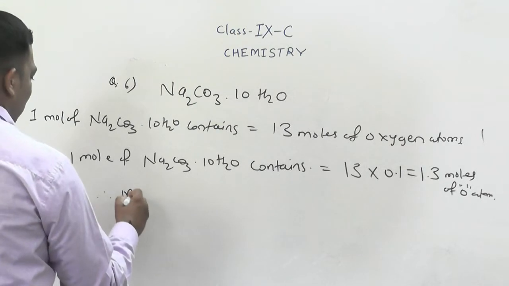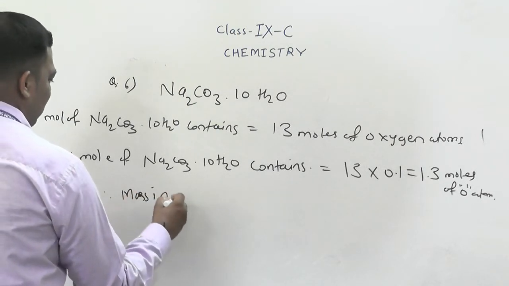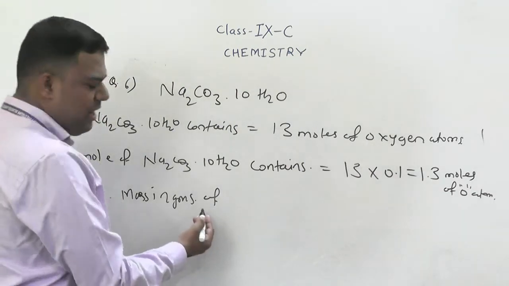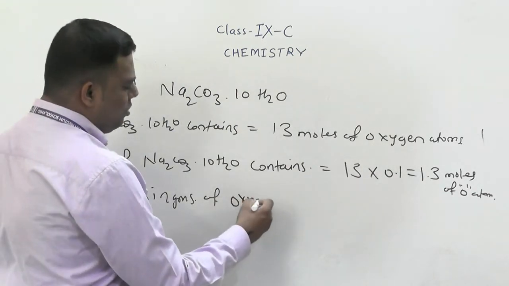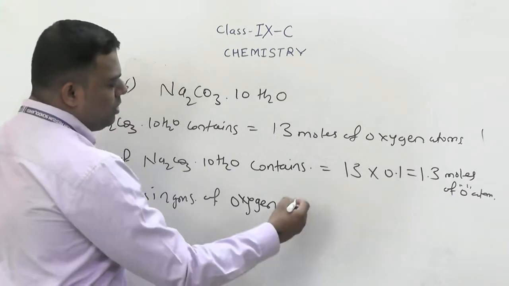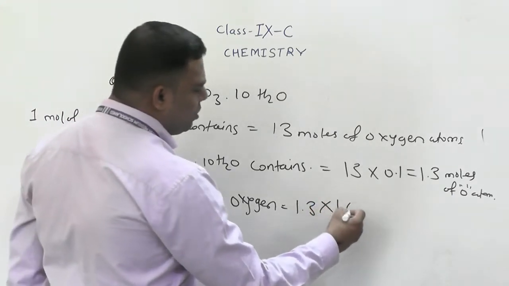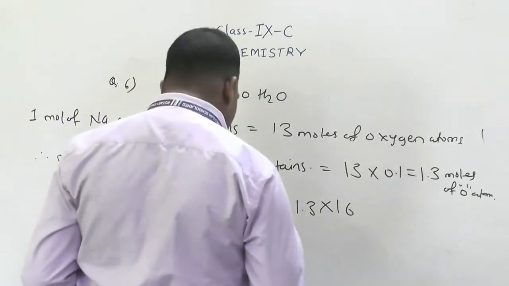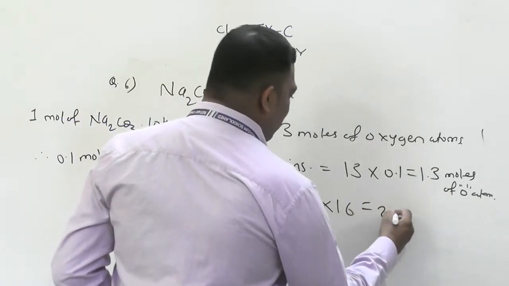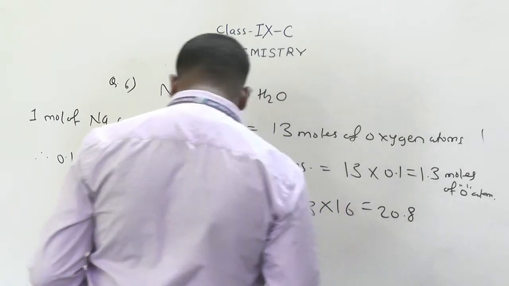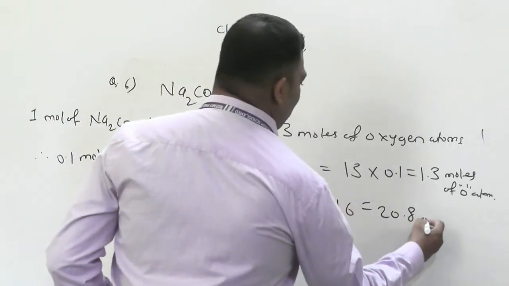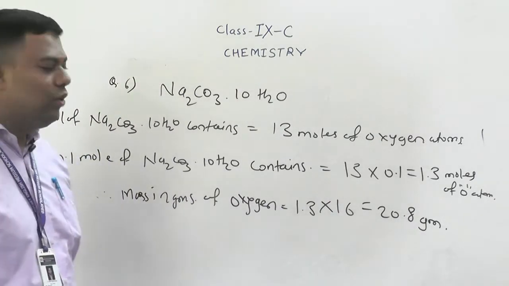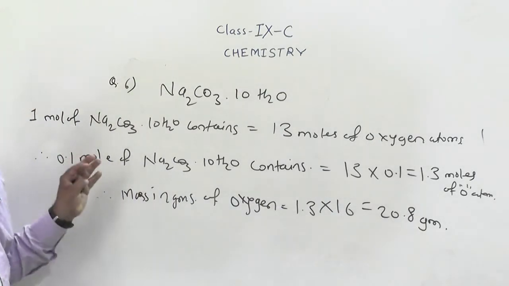Therefore, mass in grams of oxygen is 1.3 into 16, so you will get 20.8 gram. Your answer is 20.8 gram. Understood?